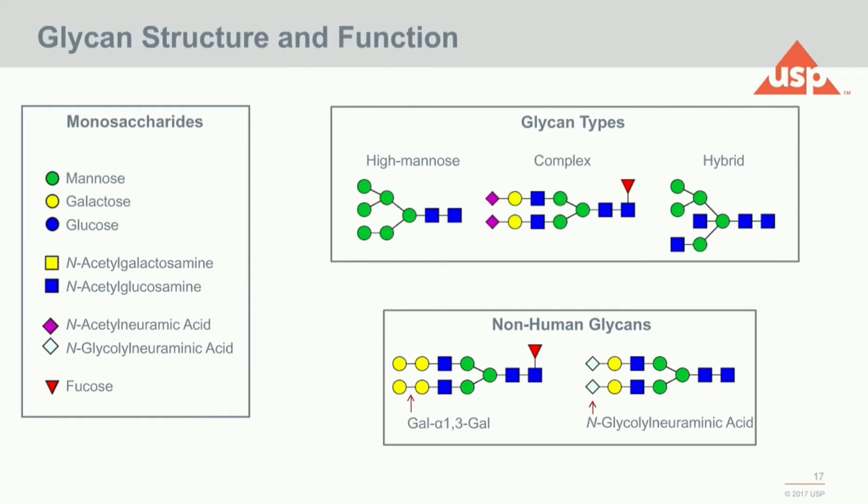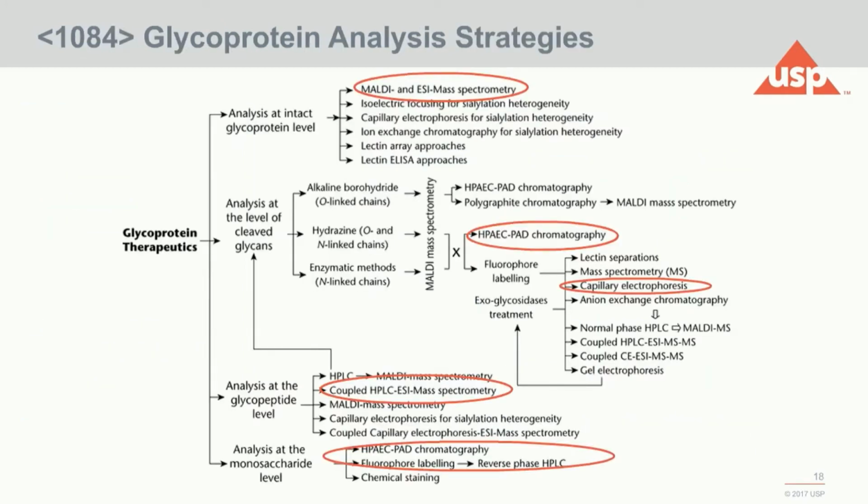So USP does have some compendial standards for glycoprotein analysis. This is a very complex graphic from Chapter 1084, which is the overview chapter in terms of different strategies to look at glycoproteins. And I've circled in here the ones that I'm going to talk briefly about in the following slides.